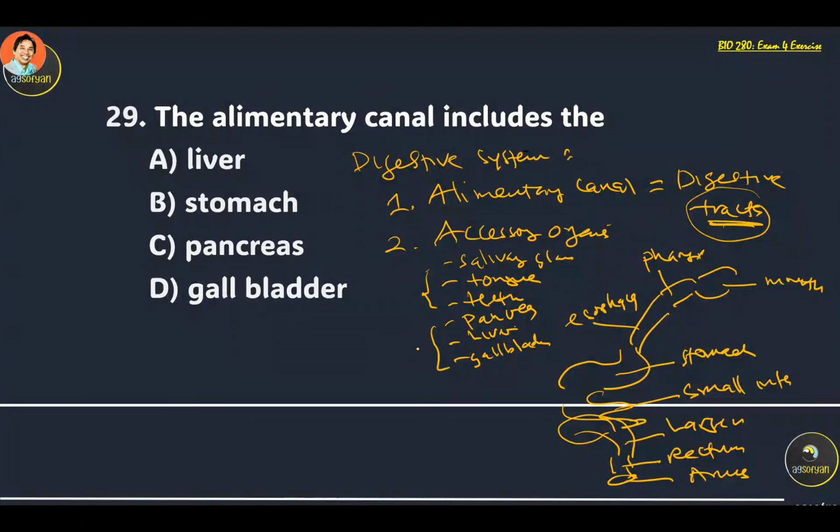So there are 3 accessory organs in the mouth and another 3 accessory organs in the abdomen. So there are 6 accessory organs.